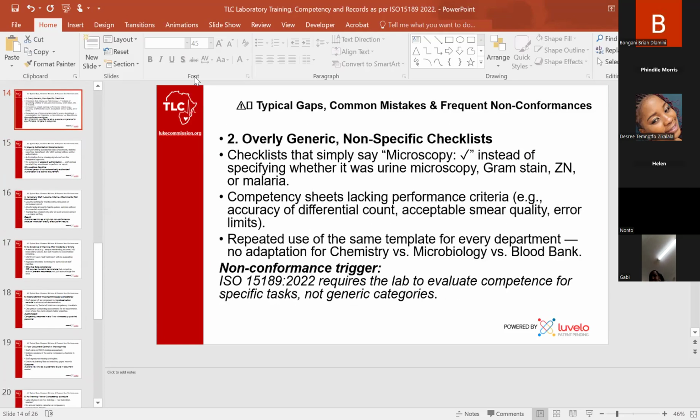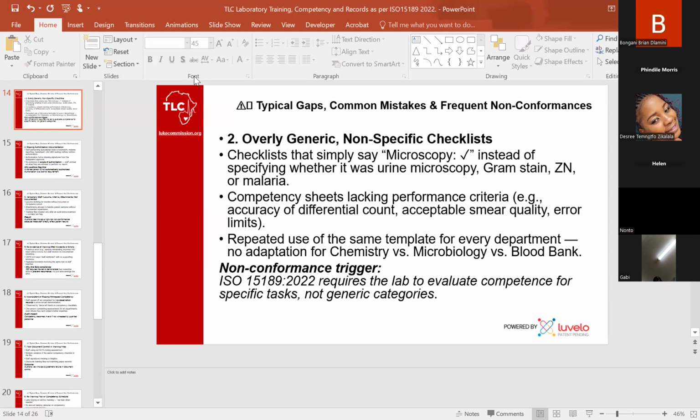Okay, next one. Overly generic, non-specific checklists. Checklists that simply say microscopy instead of specifying whether it was urine microscopy, Gram stain, ZN or malaria. Another non-conformance is competency sheets lacking performance criteria, e.g. accuracy of differential count, acceptable smear quality, error limits.